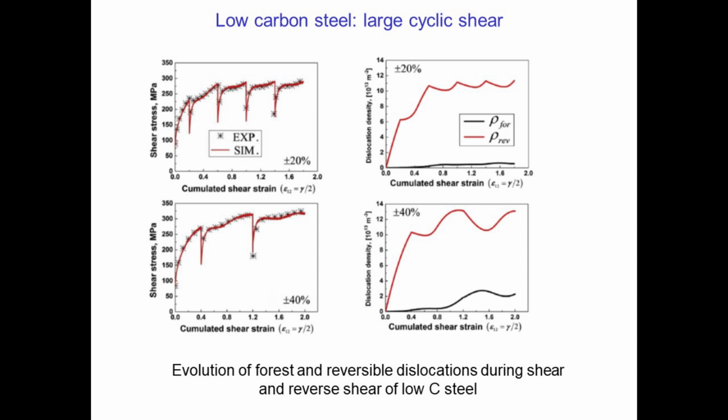And as you can see, they increase, but essentially after this point, the first reversal, they keep doing the same thing. You don't increase your dislocation densities. The forest tends to increase here, but the reversible ones are the largest portion, and they just keep oscillating there. So you pretty much keep your dislocation densities constant. Observe that where the reversible dislocations have a minimum, the forest dislocations have a maximum.